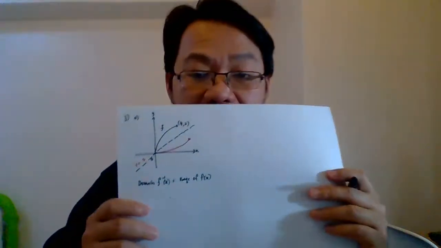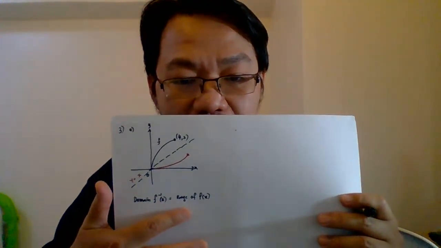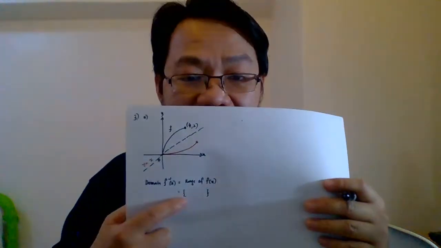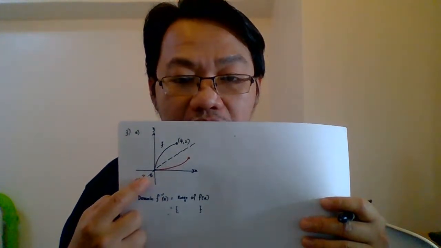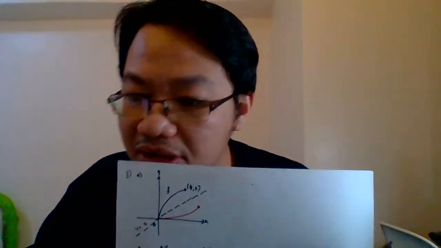Right? So they are equivalent. Domain of f inverse equals range of f(x). So we can make a conclusion. Domain must have open and closed curly brackets. So even though it is f inverse, don't forget the open and closed curly brackets.